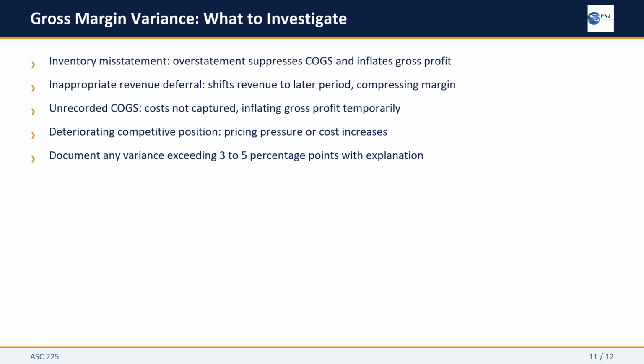Unrecorded COGS inflates gross profit temporarily. And of course, a genuine deterioration in competitive position through pricing pressure or rising input costs will compress margins as well. All of these require documentation. The 3 to 5 percentage point threshold is not a rule but a professional judgment trigger.